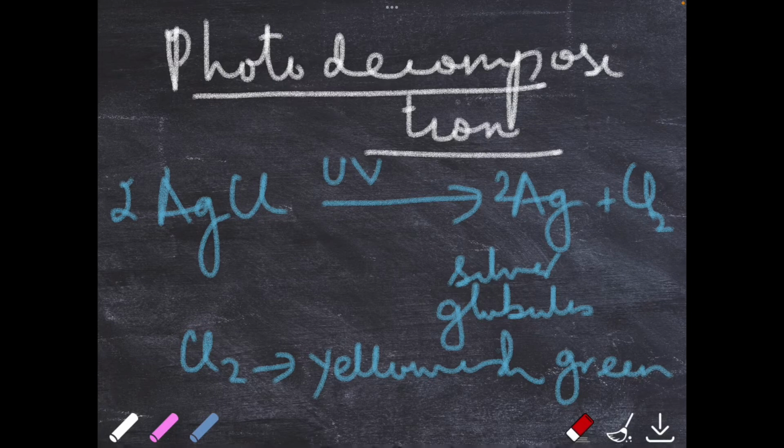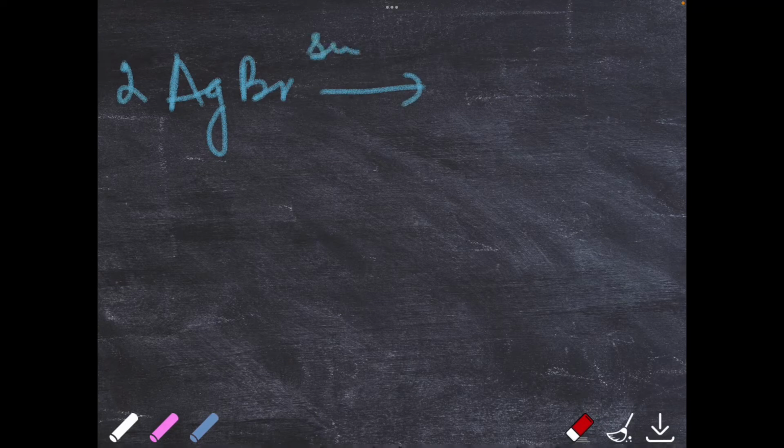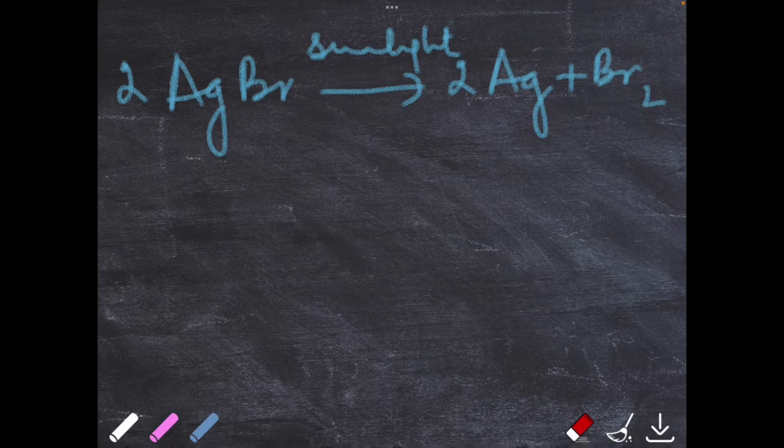Another example of this is silver bromide. In the presence of sunlight again, it breaks up into silver globules plus bromine gas. Bromine gas here is reddish brown in color. It has reddish brown fumes.